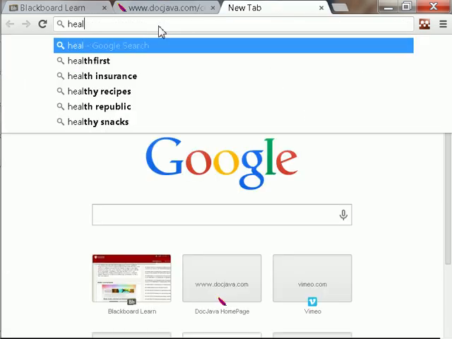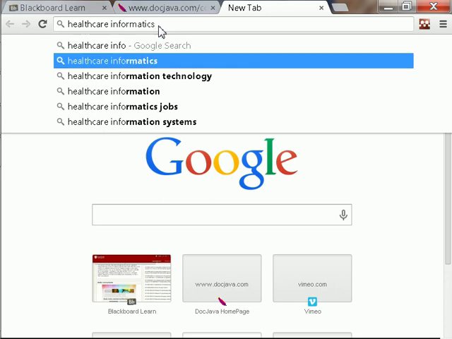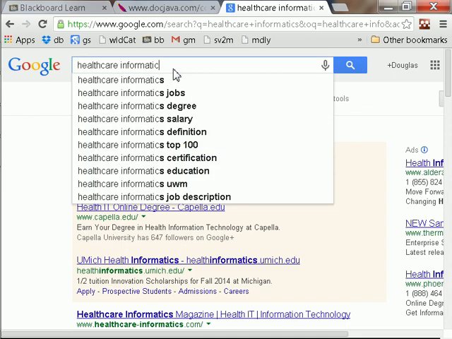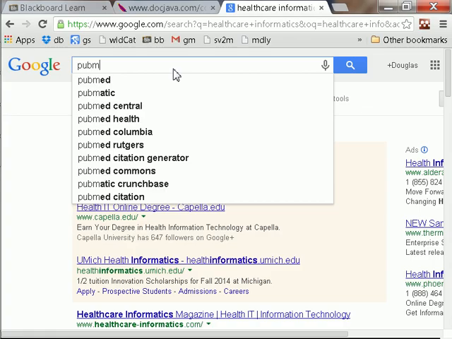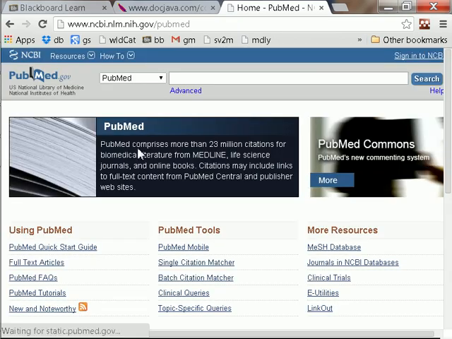Actually, how to use this information to predict diseases. Healthcare informatics comes right up. You can get master's degrees in this. There are people who study this, they get degrees in it. If you wanted to, you can go to PubMed, and you get full disclosure from the National Institutes of Health.